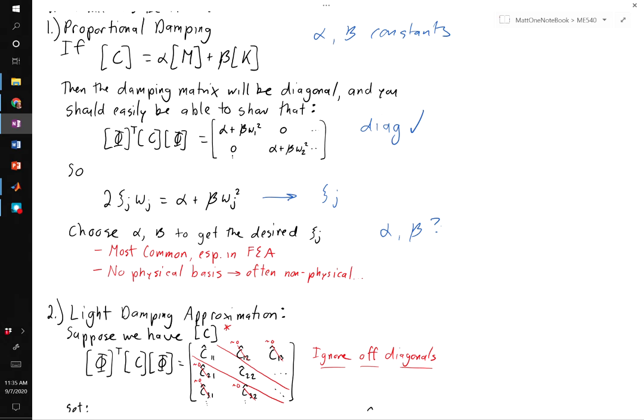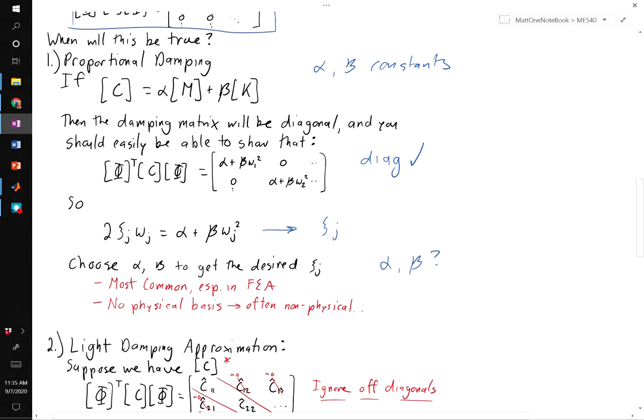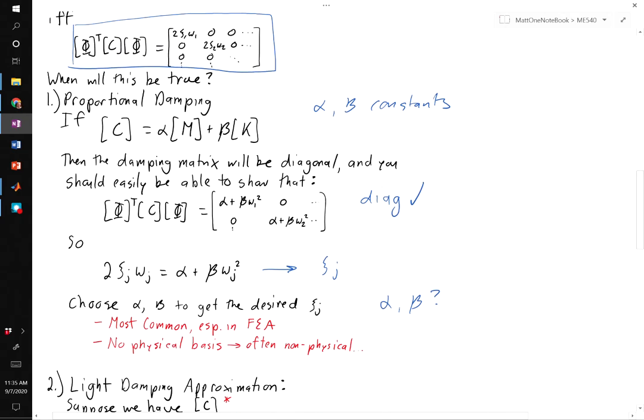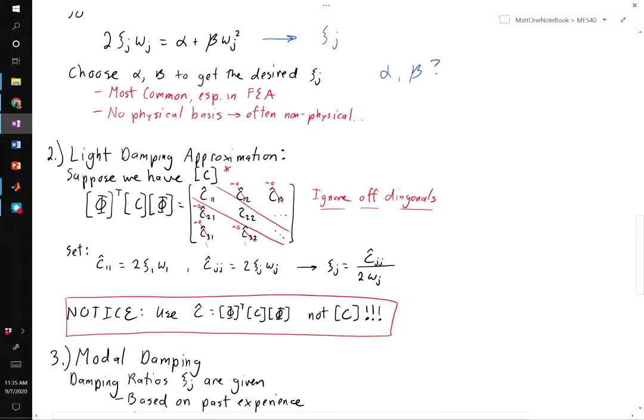So another thing we can do if we compute phi transpose C phi and it happens to not be diagonal is to actually just ignore all the off-diagonal terms. Sounds like cheating, right? But we just ignore them. So we do this product, phi transpose C phi, and I'm calling the matrix that we get out C hat.